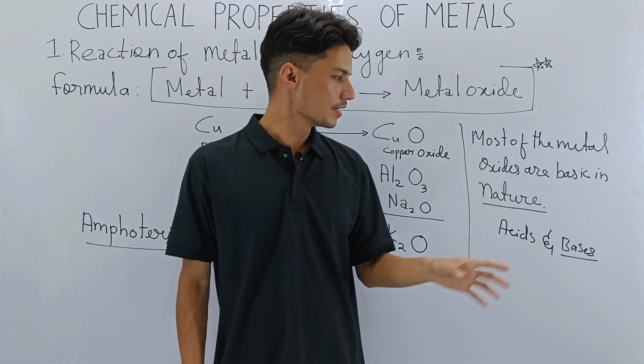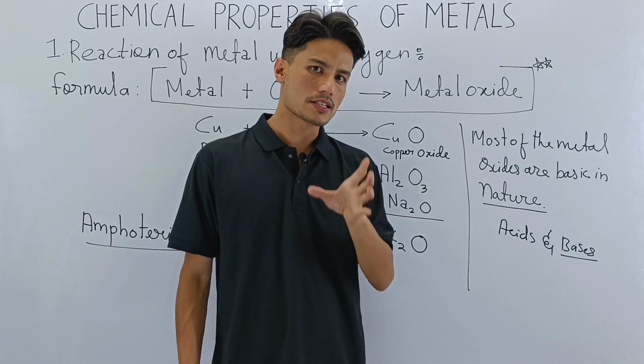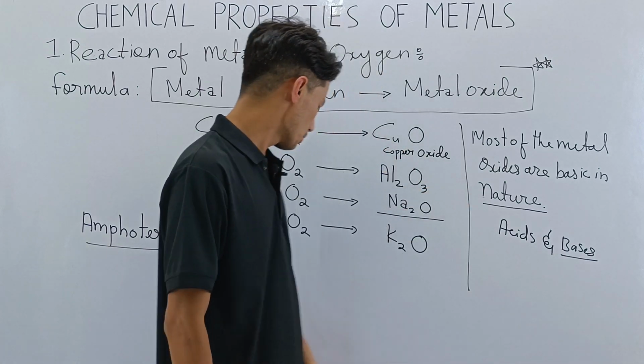Let me repeat again. Metal oxides which show both acidic as well as basic nature are called amphoteric oxides. So that's what we will write here.